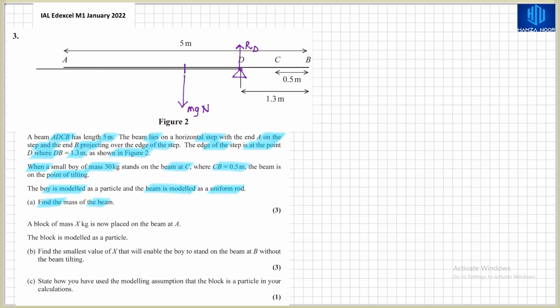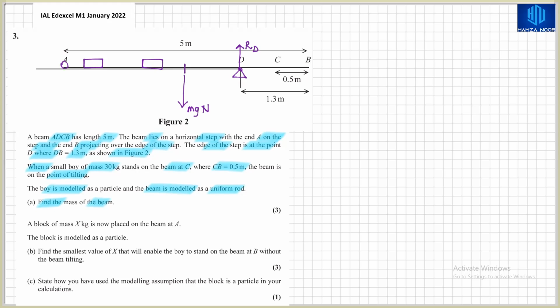But if you place any object along the beam at any point, it is impossible that the rod will be tilting about the point A. So how do we identify where to keep a normal reaction force? First, you need to identify the supports.